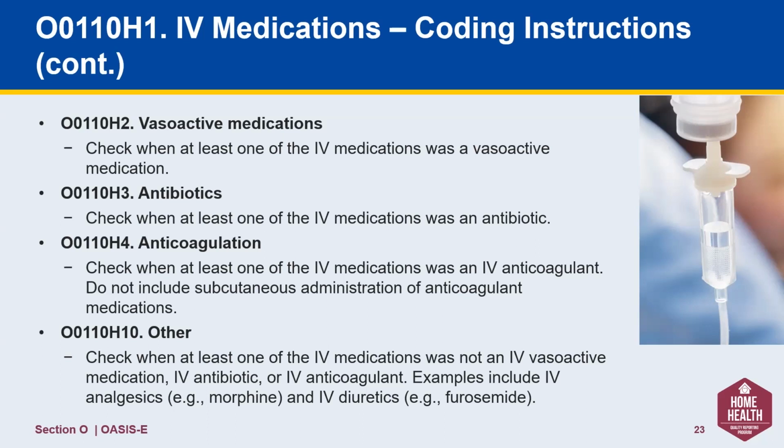You would not include the sub-Q administration of anticoagulant medications such as sub-Q heparin. You would check H10 other if at least one of the IV medications was not an IV vasoactive medication, IV antibiotic, or IV anticoagulant. These might include IV analgesics, morphine perhaps, or IV diuretics such as furosemide.